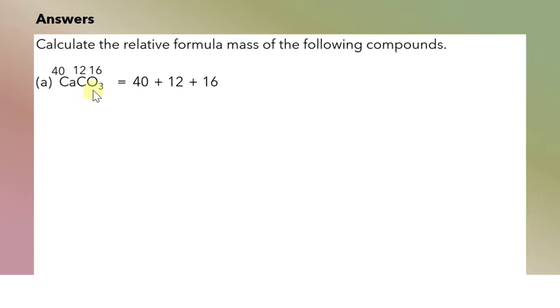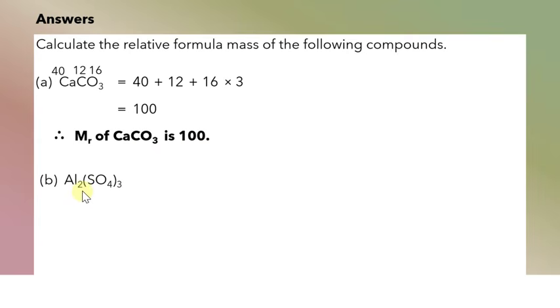Since each of these atoms has the relative atomic mass of 16, we will not say plus 16 plus 16 plus 16. No, we'll just say times 3 there. Then when we evaluate everything here, we'll get the relative formula mass as 100. And it has no units, as I already stated. So we'll say, therefore, the relative formula mass of calcium carbonate is 100.